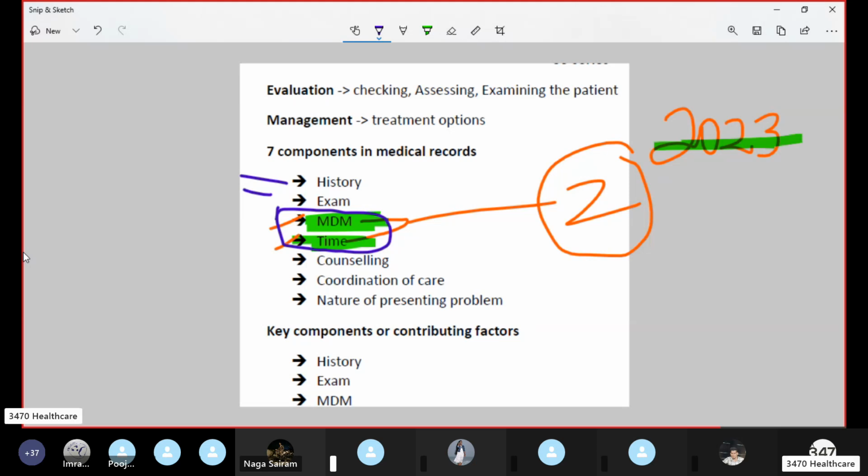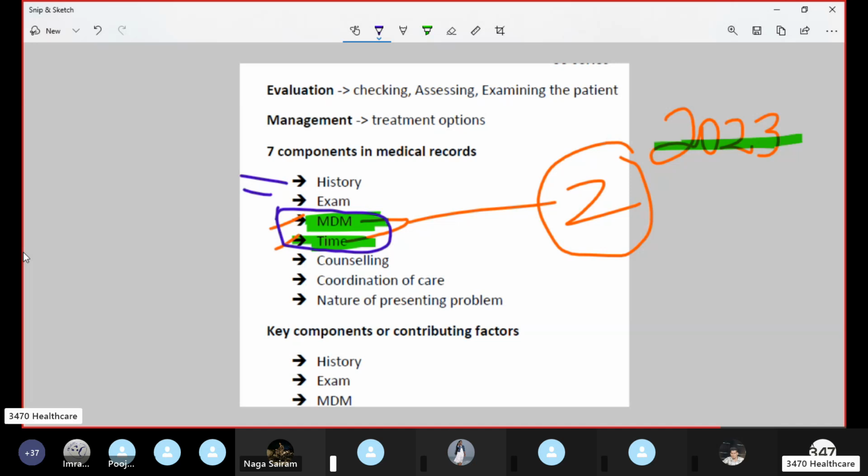The physician, the MD. Correct. The physician will touch the patient physically, and then give the findings he got. That is the physical examination.